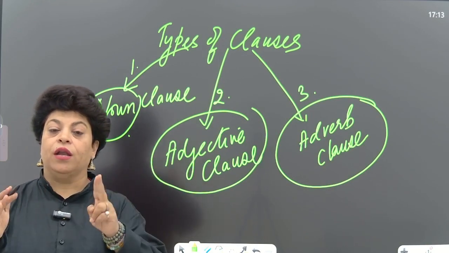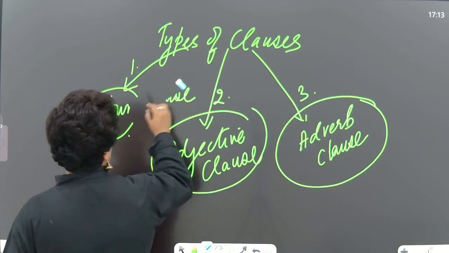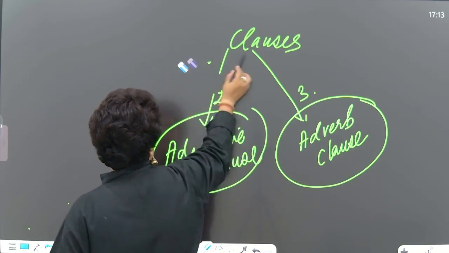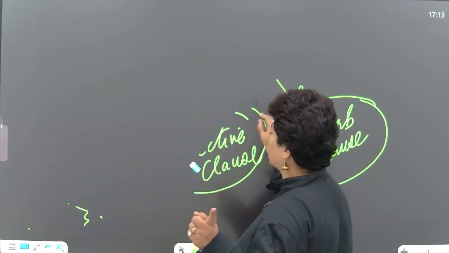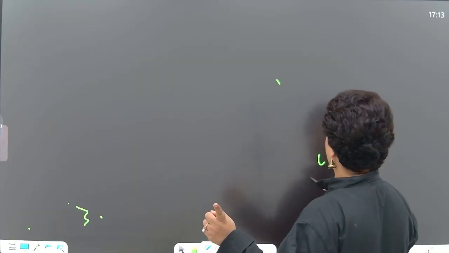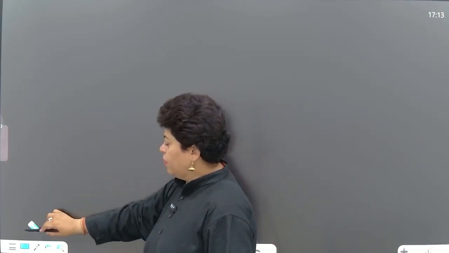First we will take noun clause, right? Here talking about the noun clause. Noun clause is also a type of clause which again consists of two clauses. One clause is automatically going to be independent clause and the second clause automatically turns out to be a dependent clause.